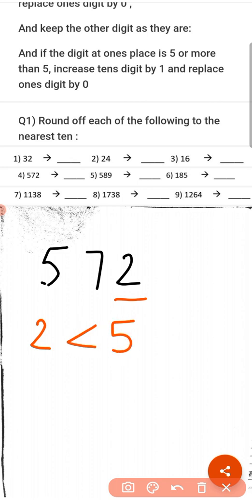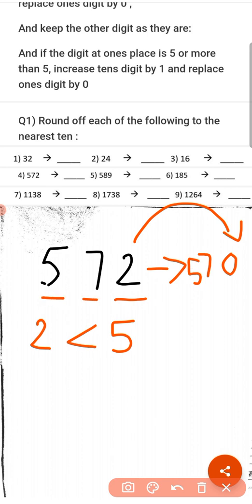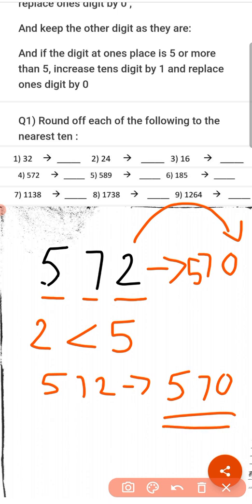So, change 2 as 0. Replace 2 as 0. Then write the other 2 digits, that is digit at the tens place and hundreds place. So, 572 becomes 570. Clear?